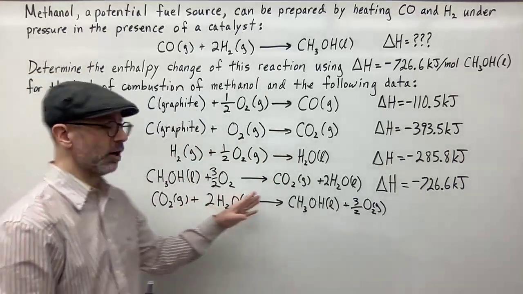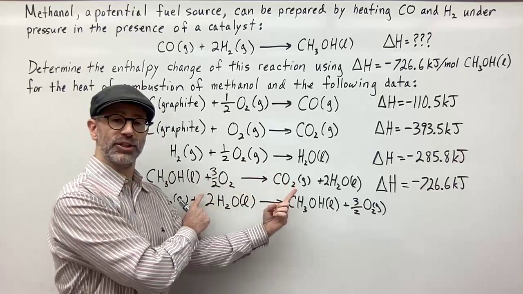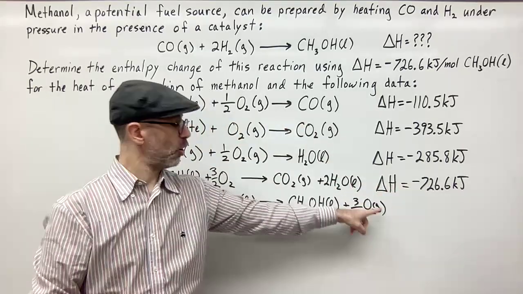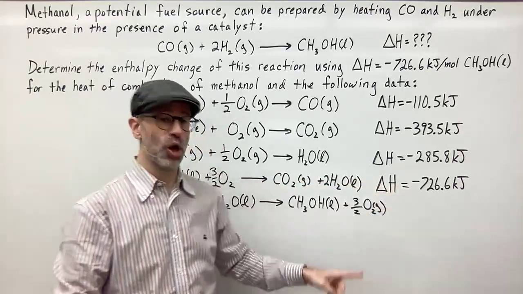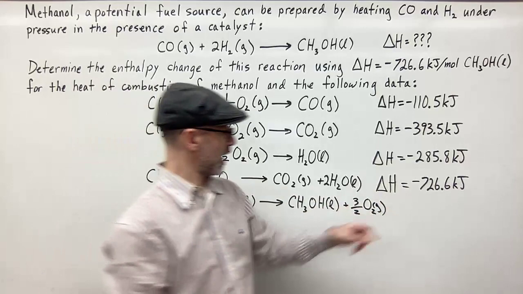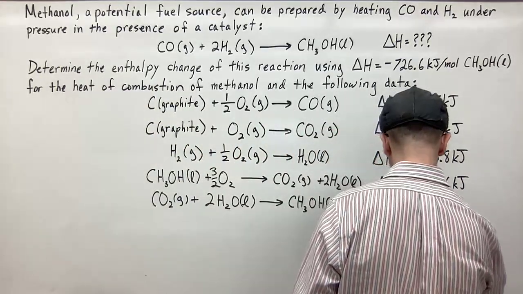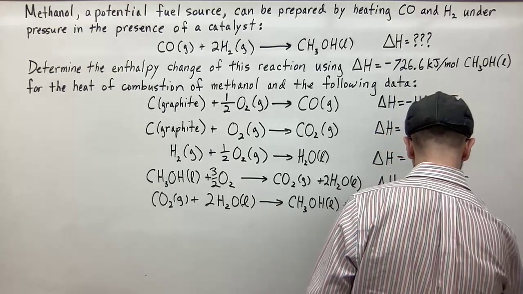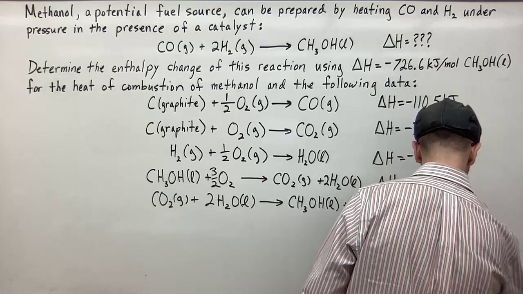And remember, according to the rules, if you flip or reverse the reaction, then you need to change the sign of the enthalpy. So this one was a negative 726.6 kilojoules. So if I flipped it, this is now going to be positive. So delta H is equal to positive 726.6 kilojoules.